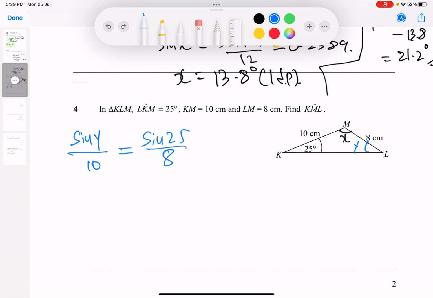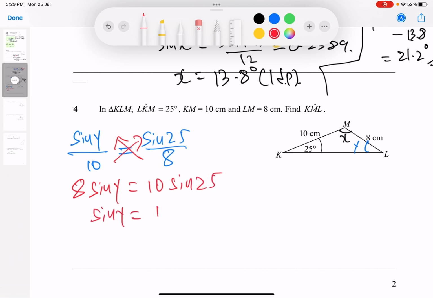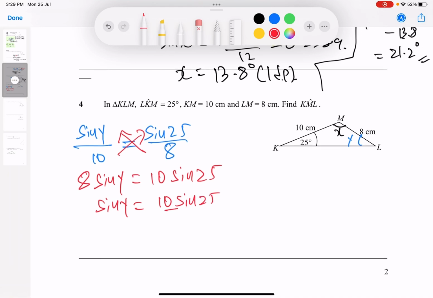If you solve this, you can do a cross multiplication. We get 8 sine y equals 10 sine 25. So sine y is 10 sine 25 over 8. So what's my y in this case? 31.9 degrees.